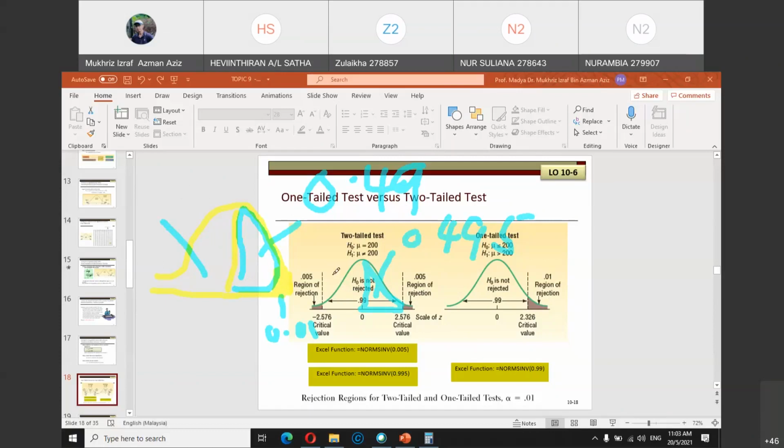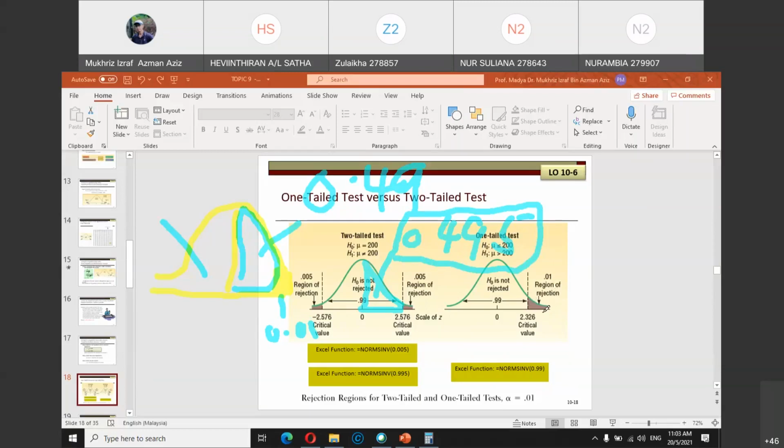If you look at the two-tail test just now, both sides of the rejection will be 0.005. So if you cut the graph into half, one half is 0.5, the other half is 0.5. If this is already 0.005, that leaves this area to be 0.495. You go and check your Z table for the value closest to 0.495. Just now, we confirmed that the value is 2.58. The same goes here.